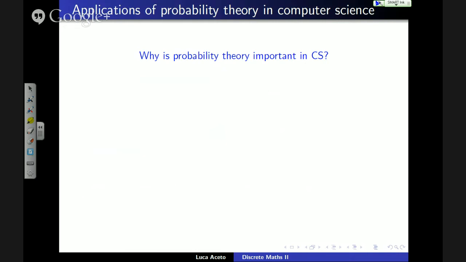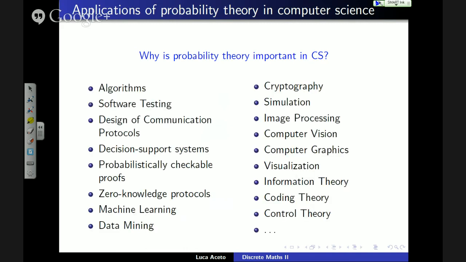Now, why are you seeing probability theory in computer science? Well, the reason is that you can find it anywhere. And this is just a small sample of topics in computer science where probability actually plays a role. Algorithms, randomized algorithms, and not just random number generators. Software testing.